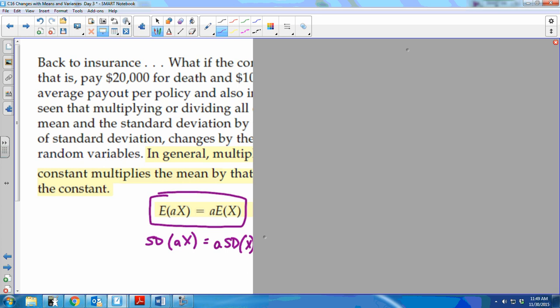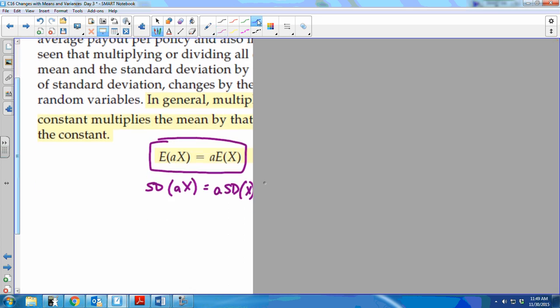Okay, but again, all the rules in this chapter are based on variances. So how do I get from the standard deviation to the variance? Square it. So to get to the variance, I would have to do this part squared, because you're squaring it to get to the variance.